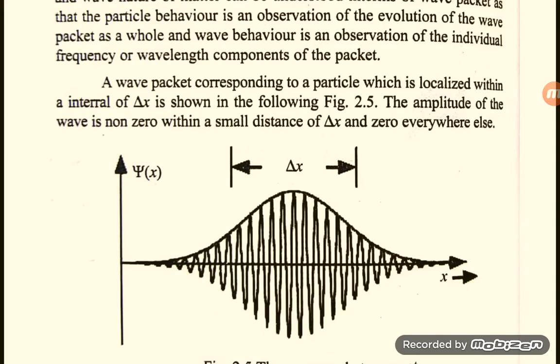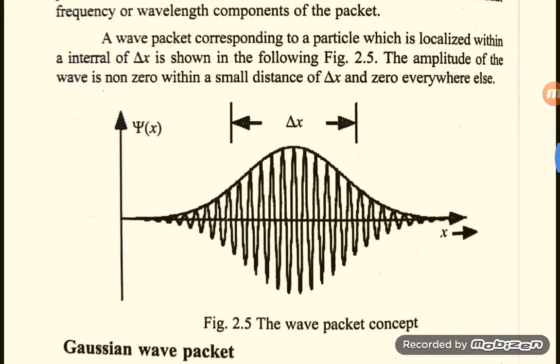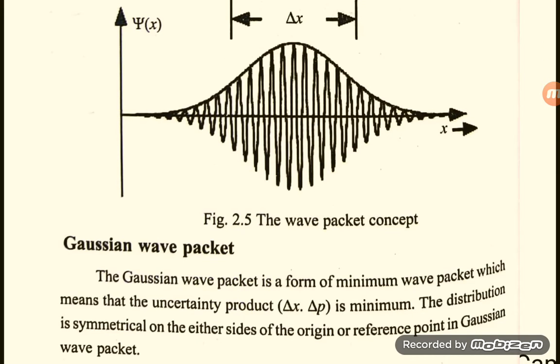So in between this place, in the delta x, we can find the particle. This can be treated as the normalization of the wave. These waves can be denoted with the wave function.